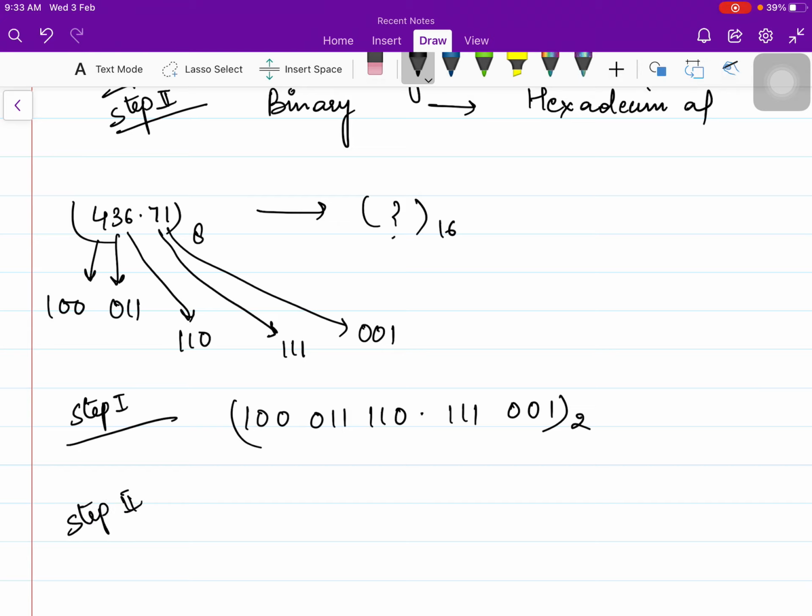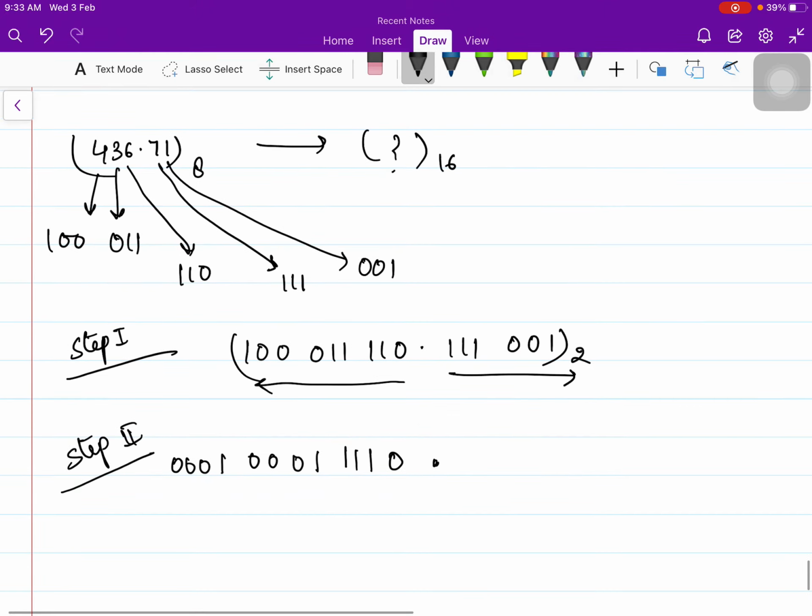Now you will convert it into hexadecimal. For that you will move from right to left for the integer part and left to right for the fractional part, but now you will make groups of 4. So while moving from right to left, first group, then second group, and for the third group I have to insert 3 zeros.